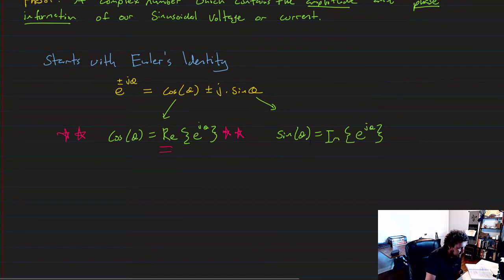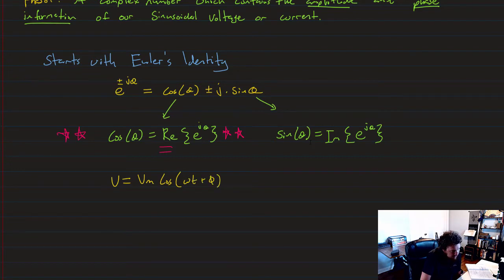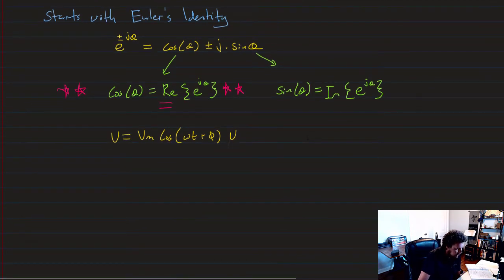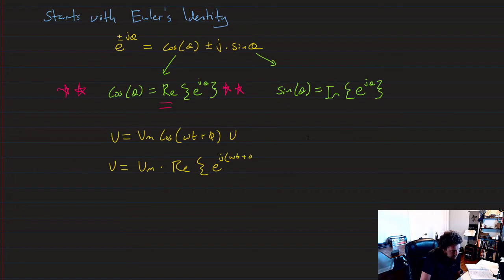So if we take this and apply this to the sinusoid that we're used to working with, remember that for voltage, v is equal to Vm times the cosine of omega t plus phi in volts. If we use this notation, what we can do is say that v in turn is equal to Vm times the real component of e to the j times omega t plus phi.